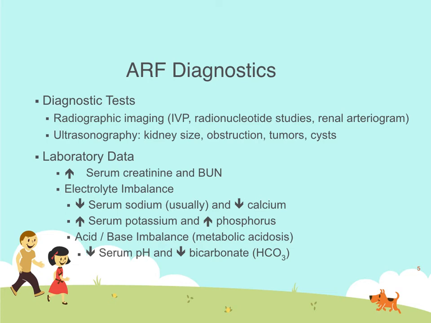The laboratory values are going to be very important. When you're looking at the chemistry panels, pay attention to the creatinine and the BUN. Look at the sodium. It can be either increased or decreased. Calcium can be decreased. In the case of renal failure, of course, the serum potassium is going to be elevated, and this is what causes the arrhythmias.